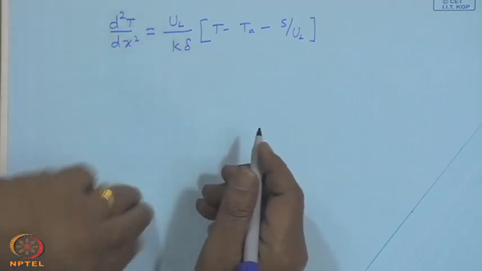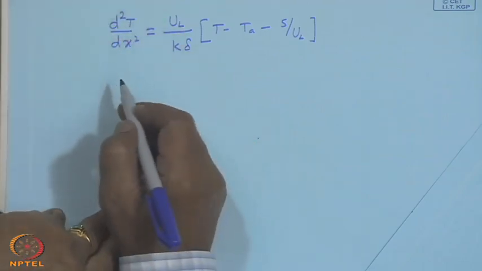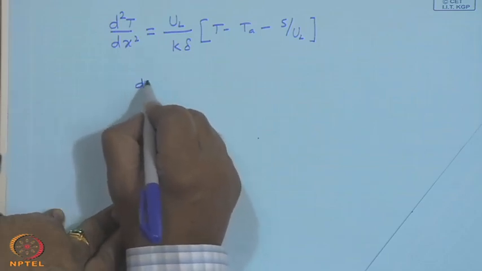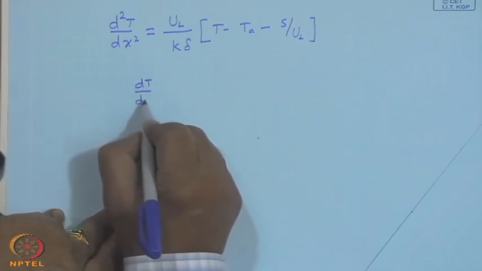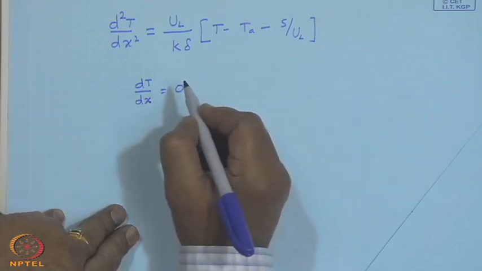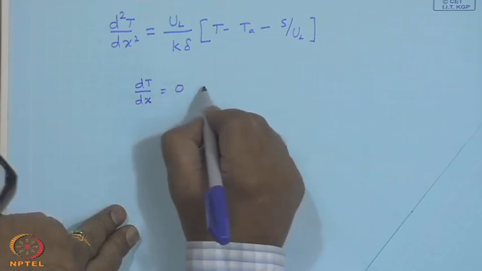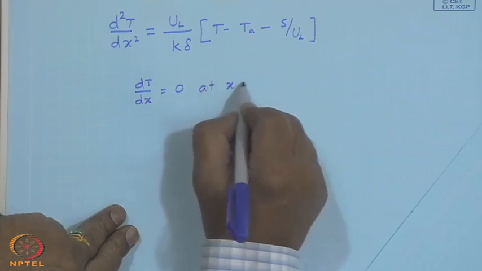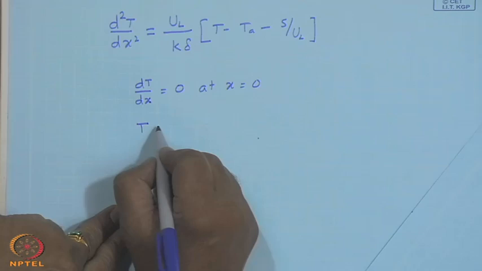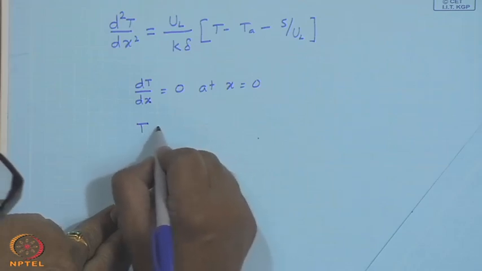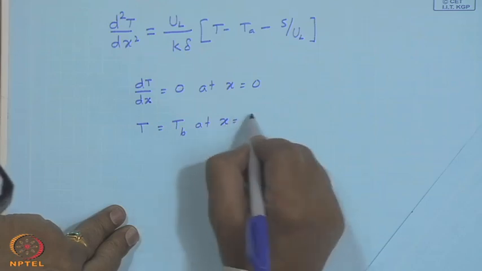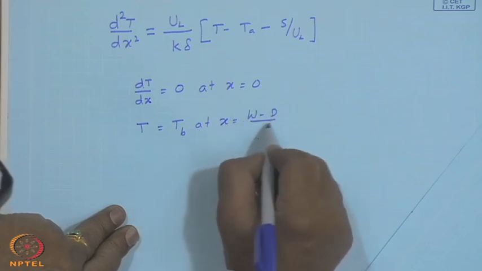If I equate that, this is what we will have, and this is a second order equation, which requires two boundary conditions, which will be dT/dx equal to 0 at x equal to 0, and T equal to T b at x equal to W minus D by 2.